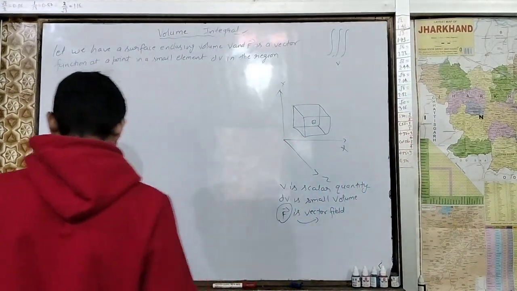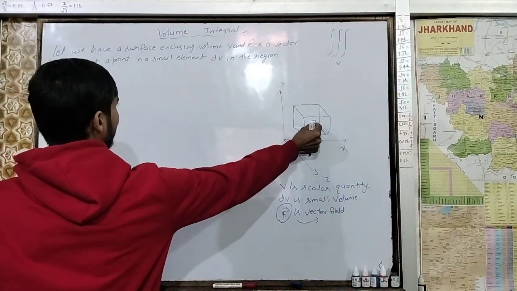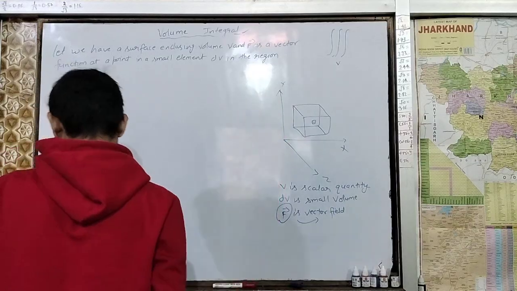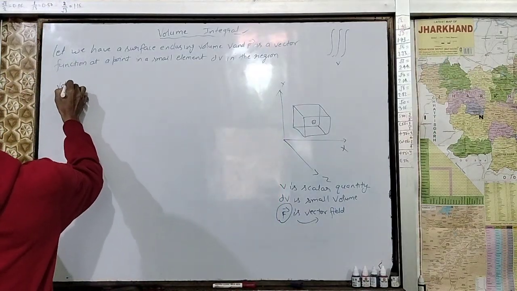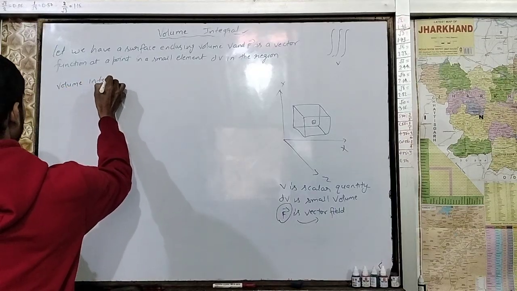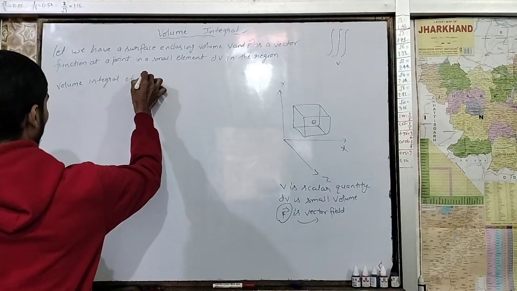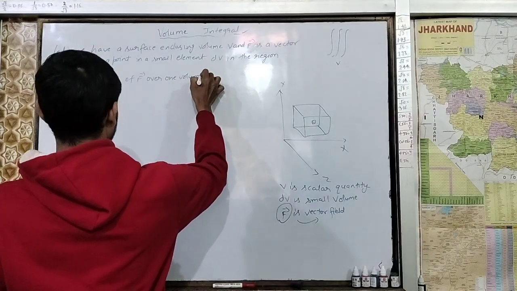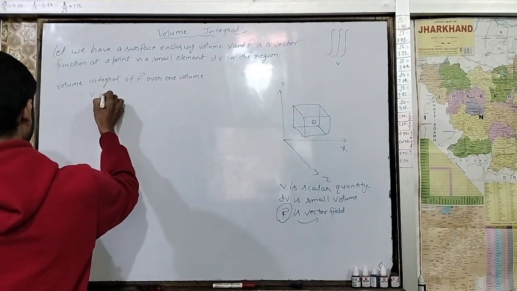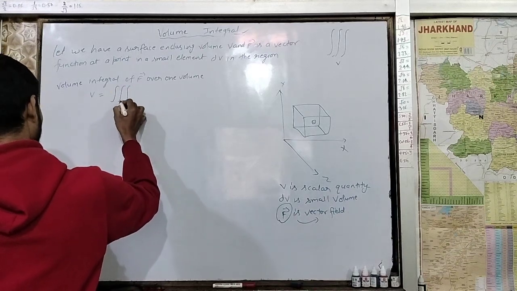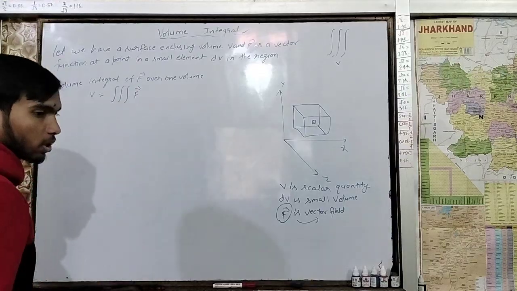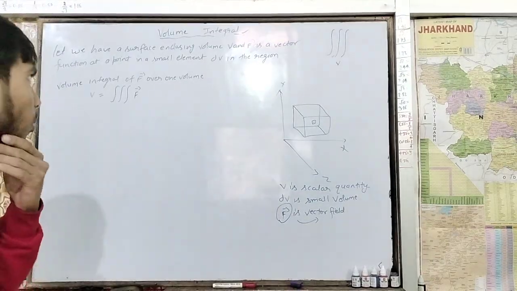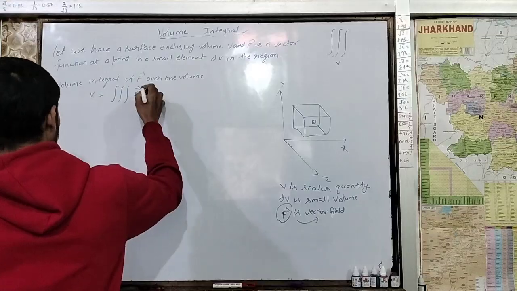So finally, the volume integral of this function point over dV, over one volume V, will be equal to the triple integration of the vector function point F vector dot dV.